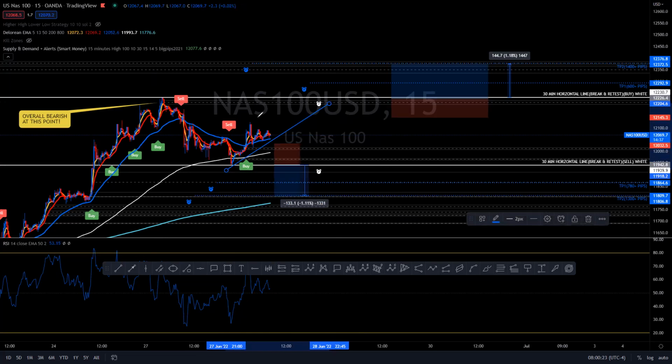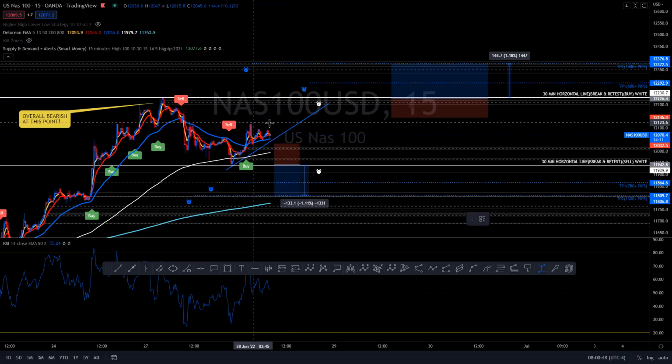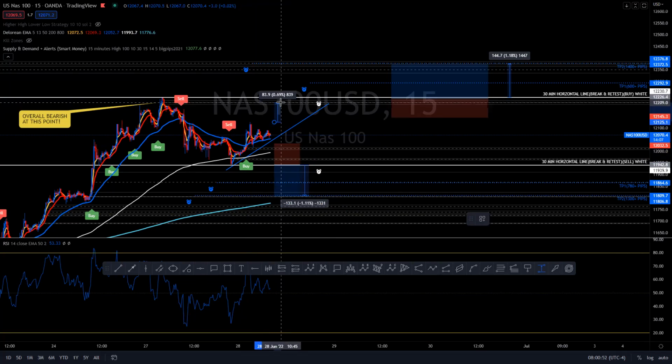So what's probably going to happen is price is probably going to maybe buy up to this point, hit this area, and then maybe sell down. Now, if price does go up to that point, let's say it busts this recent high here, this may be a good buy up to this point.